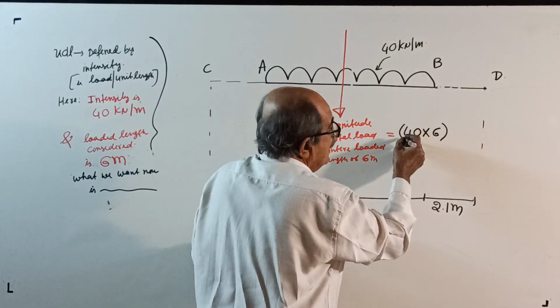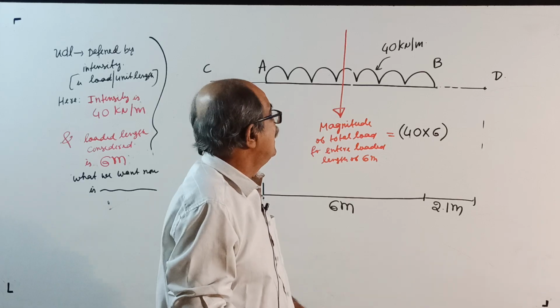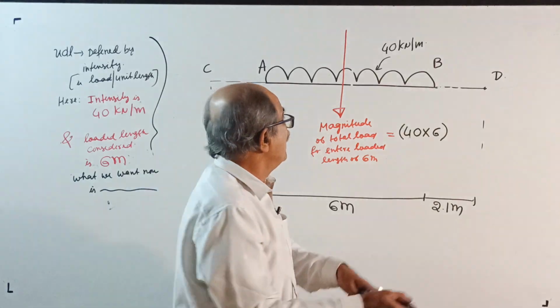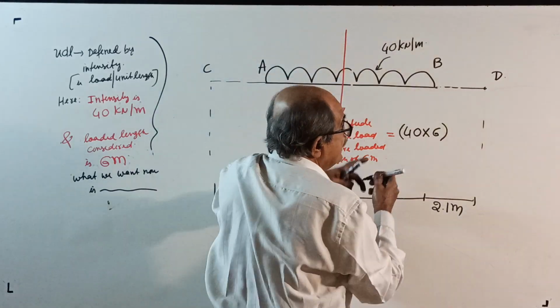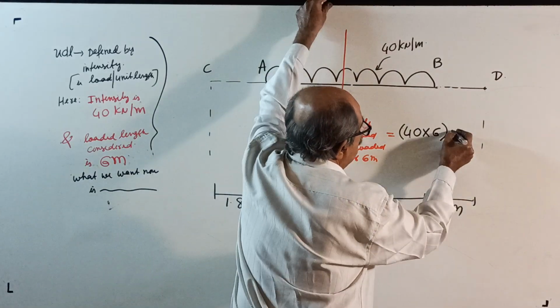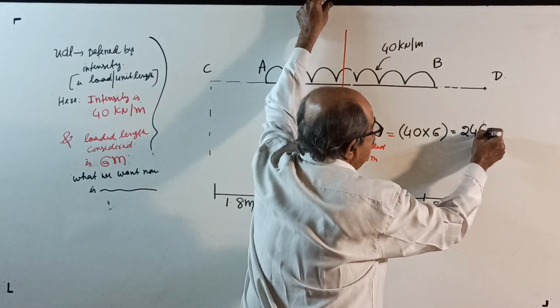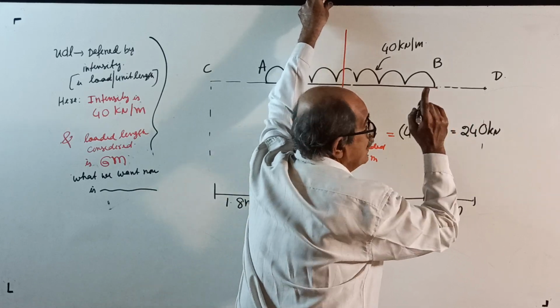Close the bracket. Answer not required. You can write 40 into 6 is 240 kilonewton. Or write your answer now. Equal to 240 kilonewton. Okay, now kilonewton, no per meter.